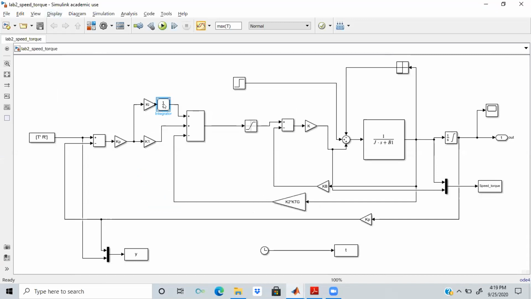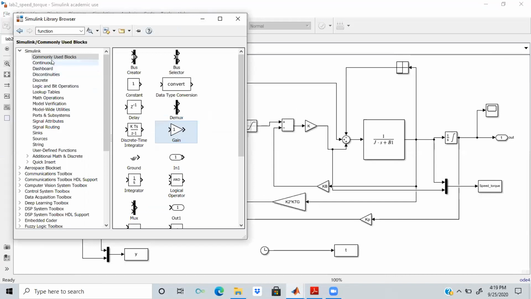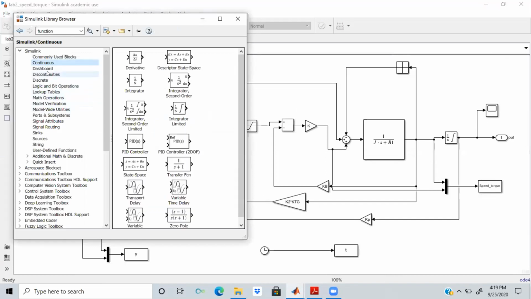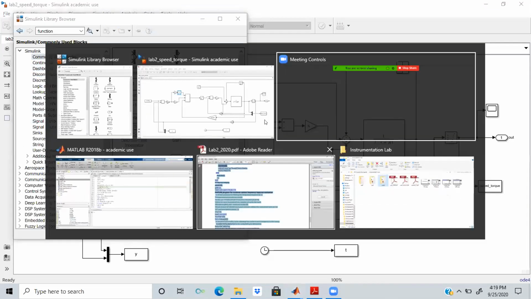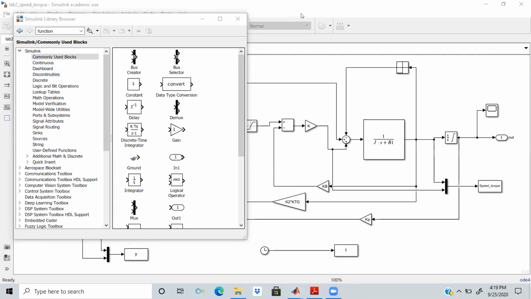Then you try. Minus 13 to 13, no? That is 13 only, sir. Plus or minus 13. That friction value is given also. You check it. Limit the integrator with the limit.